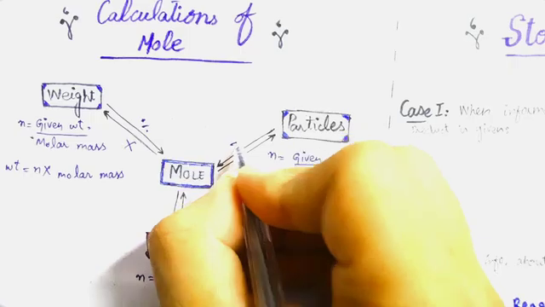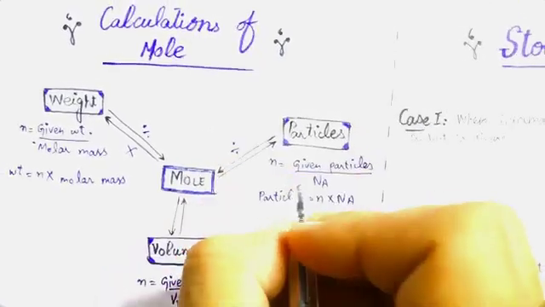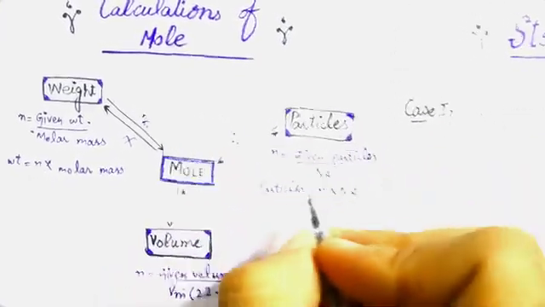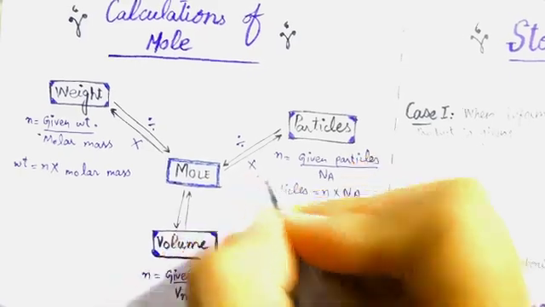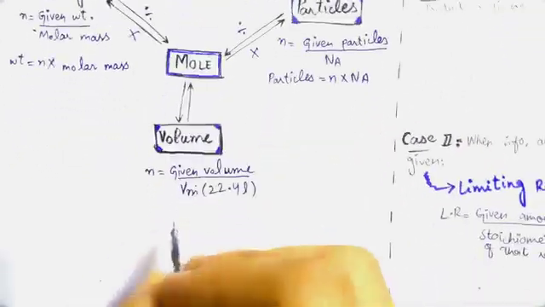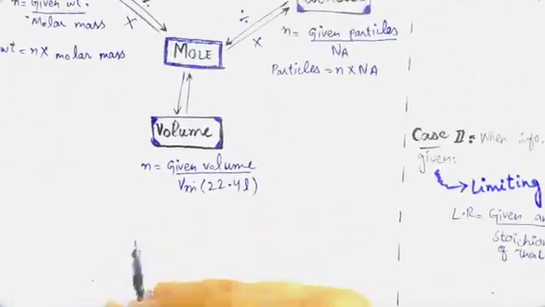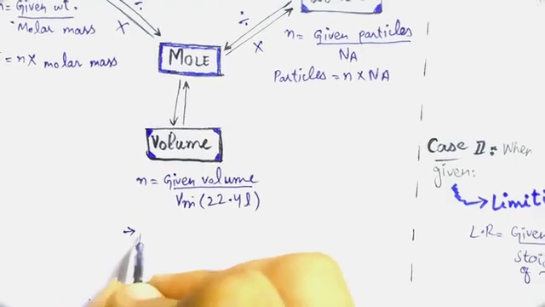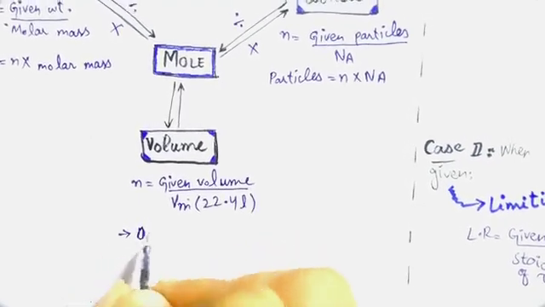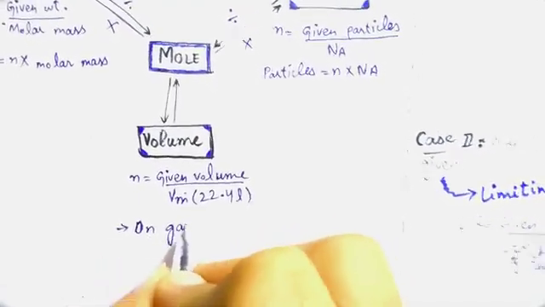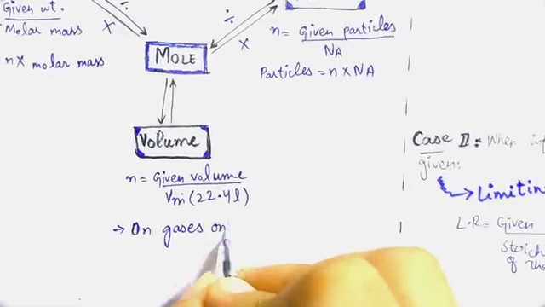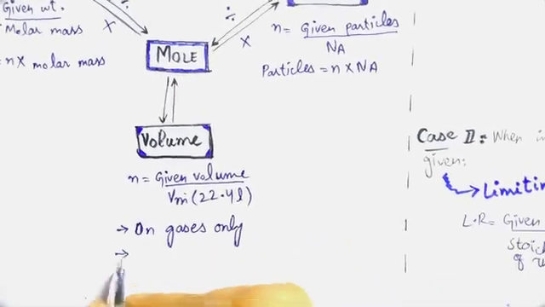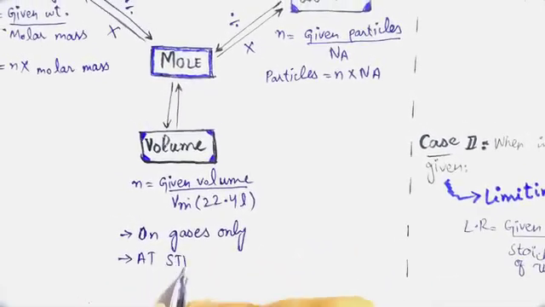If we find moles, then we divide, just like this. If we find particles, we will multiply. And same in the case here. But in volume, there are a few exceptions. It is only applicable on gases or at STP.